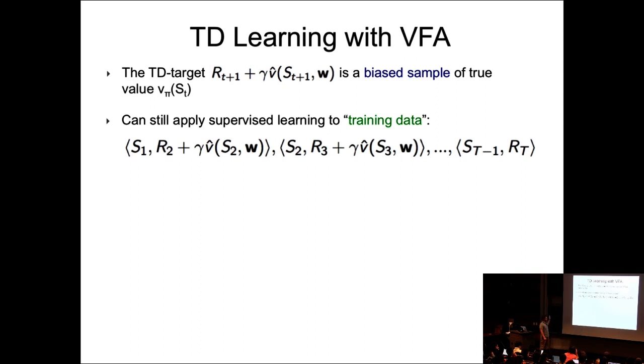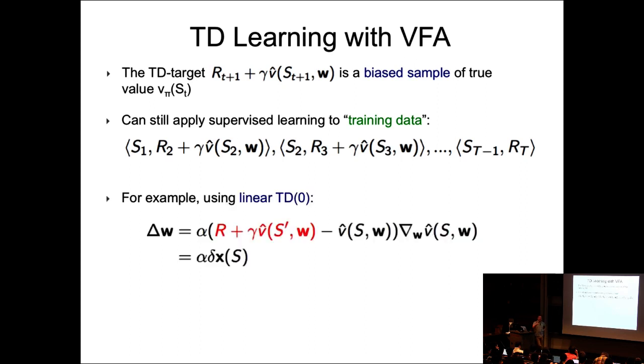So in principle, you can construct your own data set like this and just do supervised learning. And as I mentioned before, you have to be very careful, because if most of these rewards are 0, then you don't really have a target signal. So you're basically saying, well, I don't know what the reward is, so my prediction should just be the discounted value at the next time step.